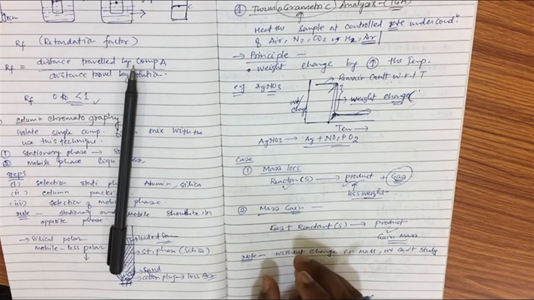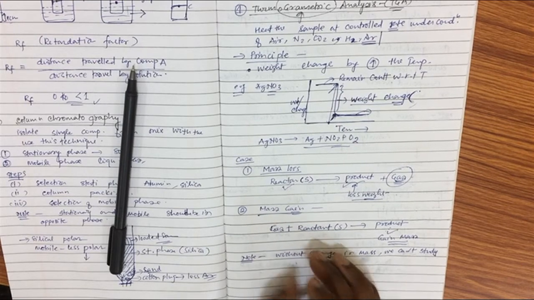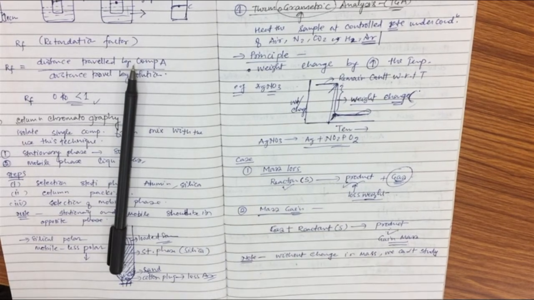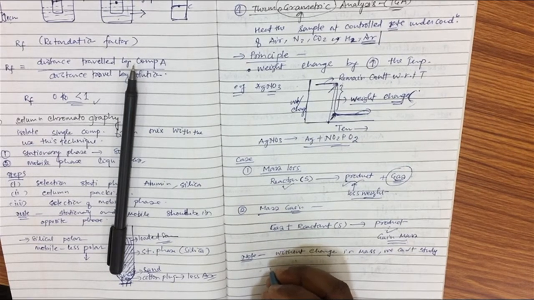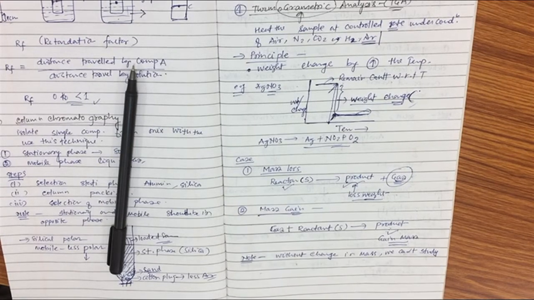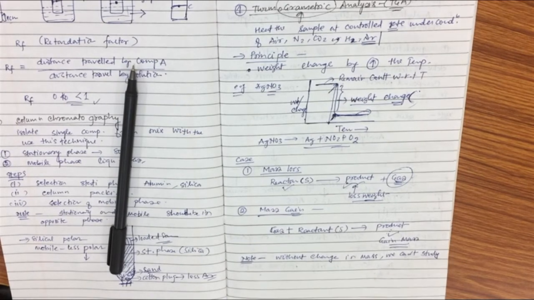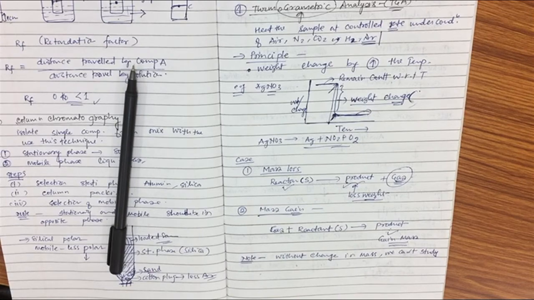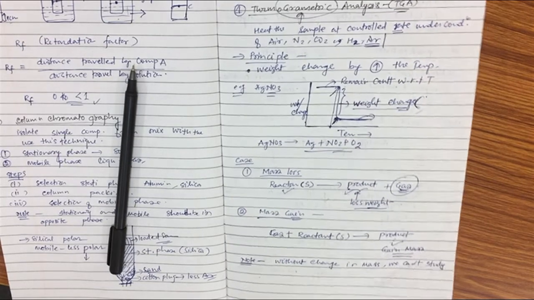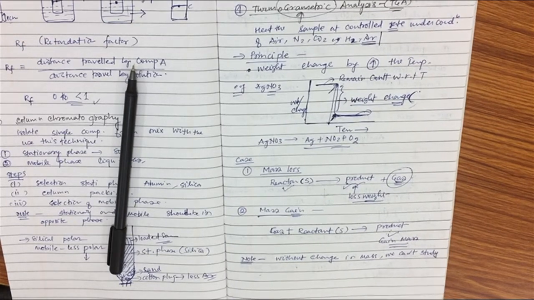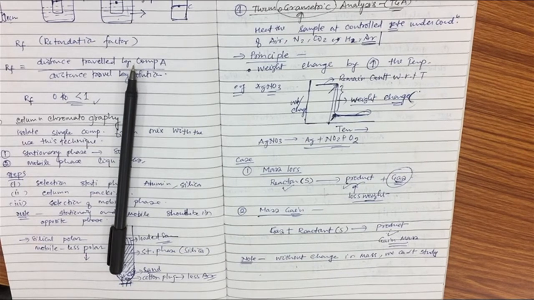TGA technique is not applicable when there is no change in mass of your sample. It is necessary for your mass to change, then you can easily see the mass loss or gain.